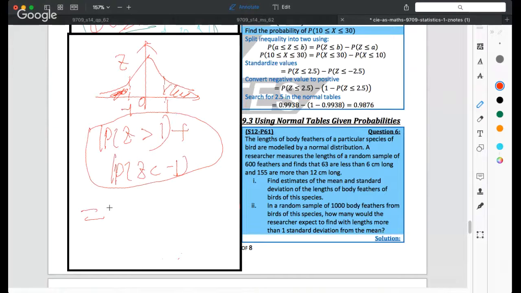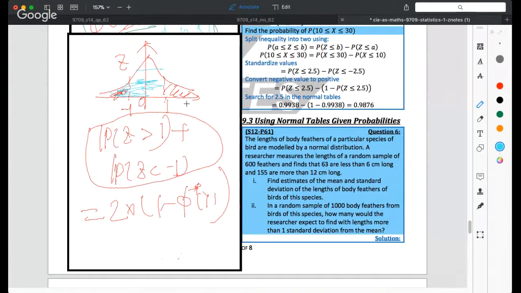We know that it's just 2 times 1 minus phi of 1. Right, because phi of 1 is equal to this blue area, and each small bit of the right area is just 1 minus phi of 1.